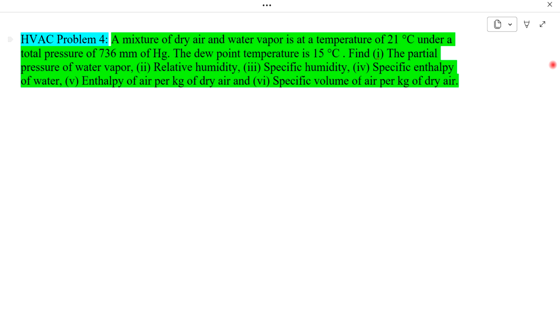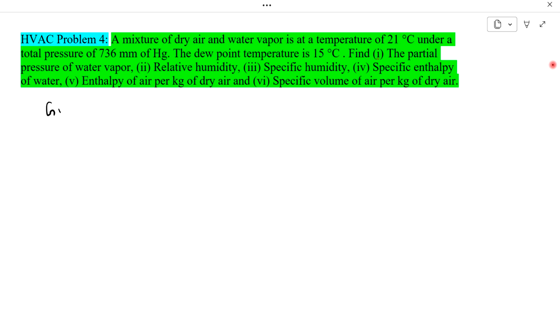The dew point temperature is 15 degrees centigrade. Find number 1, the partial pressure of water vapor, relative humidity, specific enthalpy of water, enthalpy of air per kilogram of dry air, and specific volume of air per kilogram of dry air.